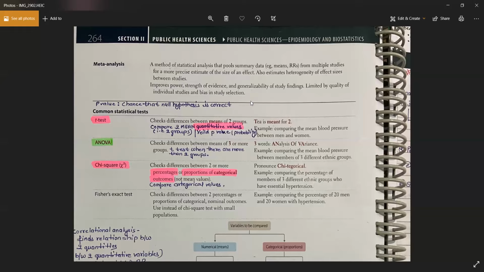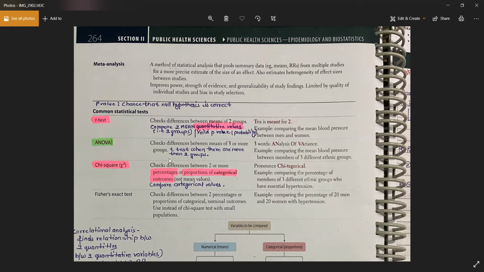This is the limitation, because different studies have different methods of getting the same results. Different biases and circumstances could be there, so you have to neglect all these things, and when you neglect them, you can get an error in the meta-analysis. Any doubt on the meta-analysis?